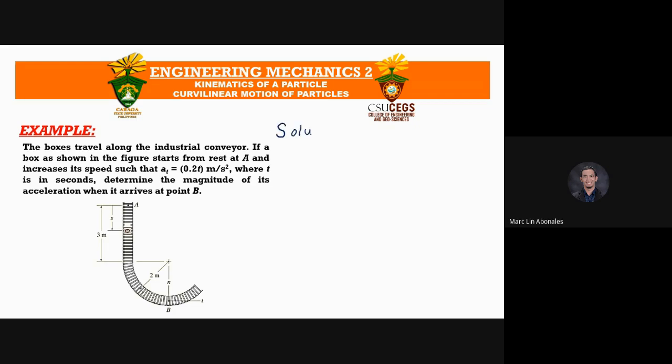So just a solution for this one. The first thing to do in this problem is we establish the coordinate system. The coordinate system is the most important, so always establish the coordinate system.